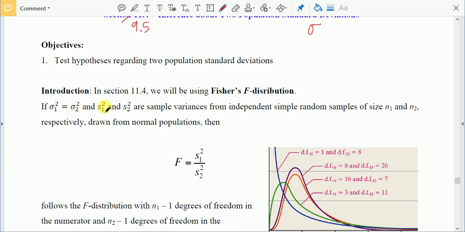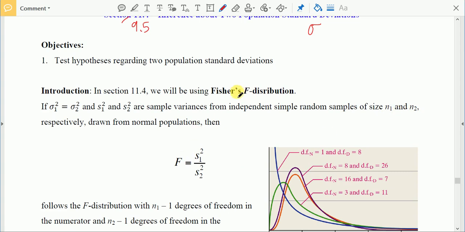And again, S1 squared and S2 squared are the sample variances. That means this is the variance of the data we collect for the two populations.